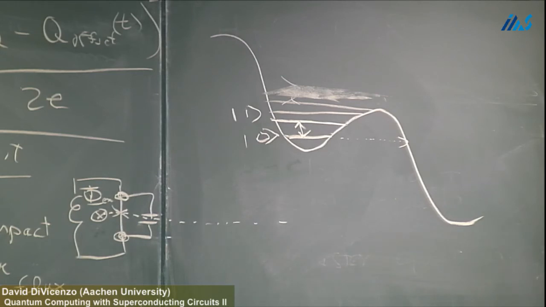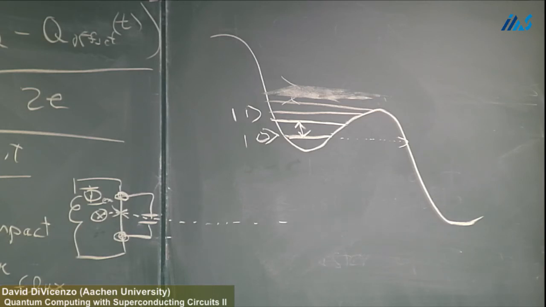So it's much more interesting up there. Why? Well, because it's highly non-harmonic, so that gets rid of this problem of transitions to the next level being also in resonance with external control tones, and it will make it easier to measure, according to the old ideas for how you would measure these.